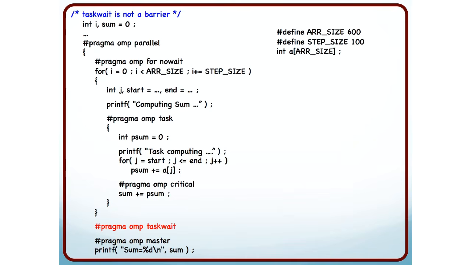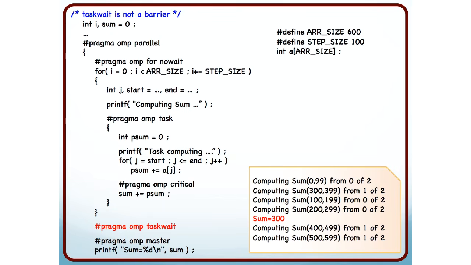So here we have this nowait with #pragma omp for, and I've said #pragma omp taskwait at the end of this for loop, right? And then I'm printing sum from #pragma omp master. So only one thread is printing sum. So what's going to happen here? In this particular run, if we see the output, the master thread, thread 0, came out and encountered #pragma omp taskwait, but whatever it had spawned has already been computed.